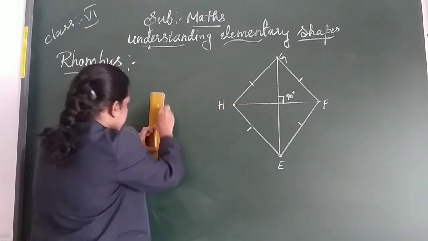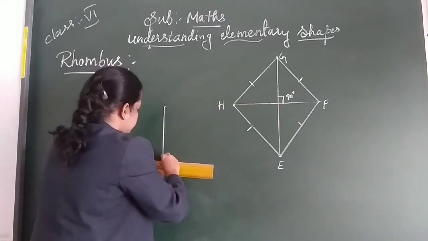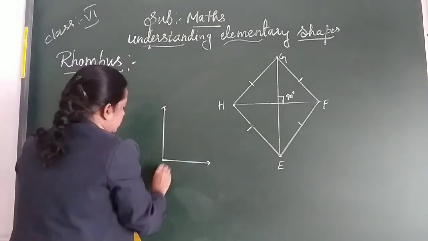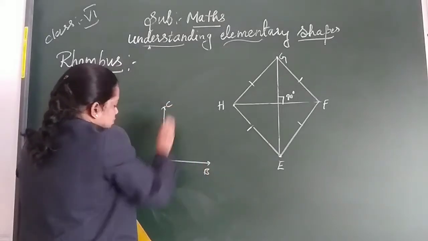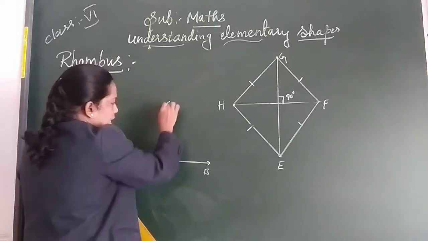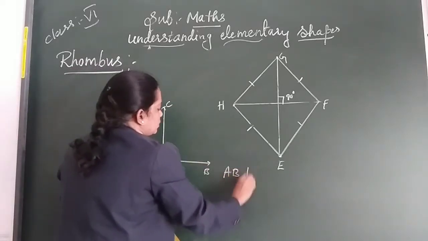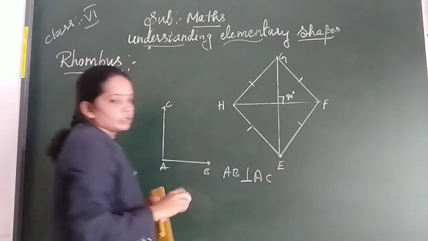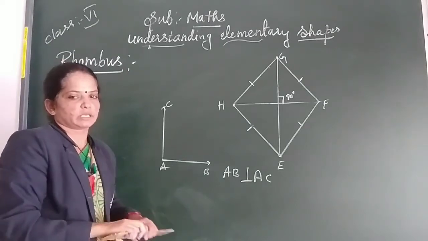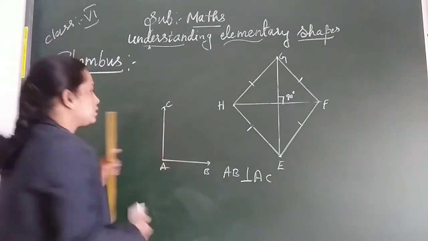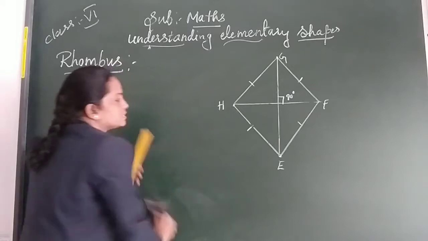For example, if I write here A, B, C, AB is perpendicular to AC. This we have learnt in the previous class. So here the diagonals are perpendicular to each other.